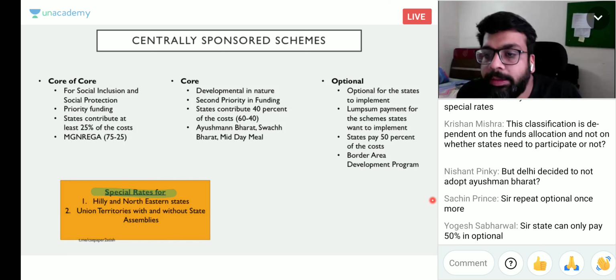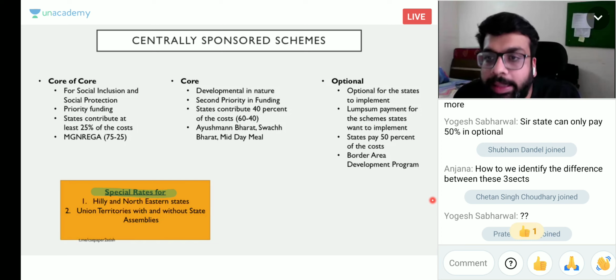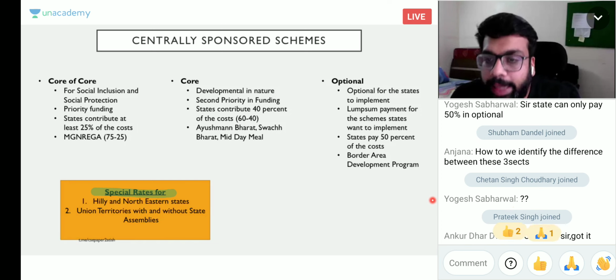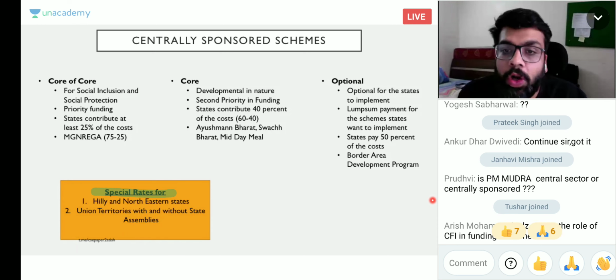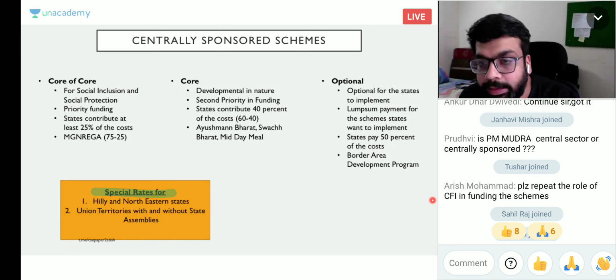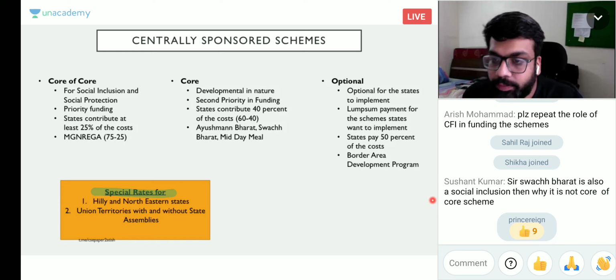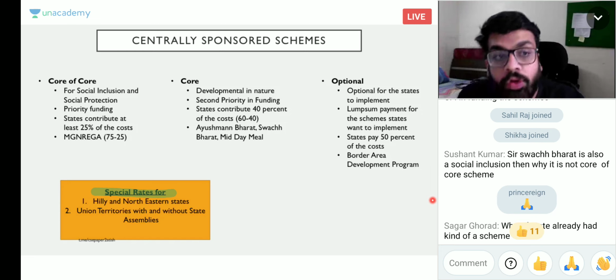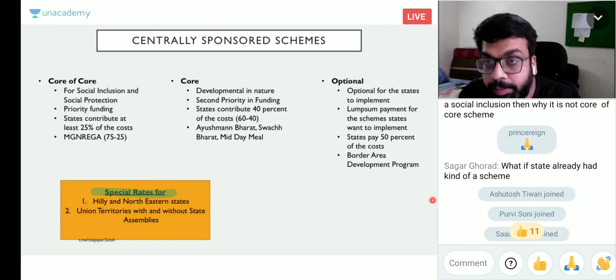For general purposes of Ayushman Bharat, it is 60 to 40 that has been decided by the center. It is a health insurance scheme. The states can decide not to do this because, very simply, health is in the state list. Swachh Bharat is in core and not core of core, because Swachh Bharat is dominantly an awareness generation scheme. It is important, but there are larger issues that we are worrying about.